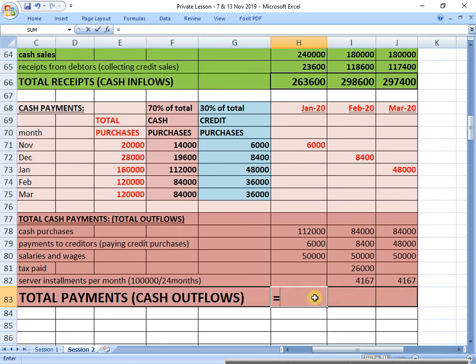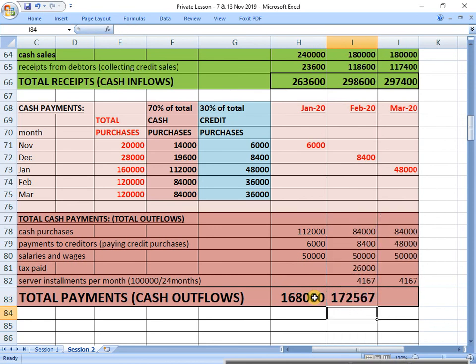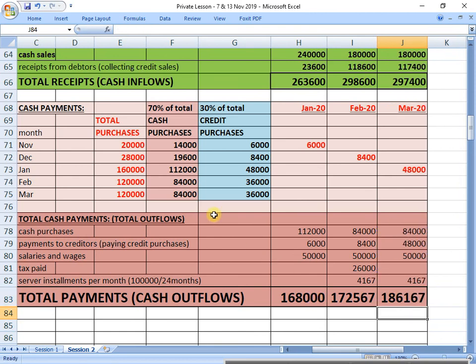How do I get the total? Add up everything you paid. That's how much I paid in Jan. Add up everything you paid in Feb. That's how much I paid in Feb. Add up everything you paid in March. That's how much I paid in March.